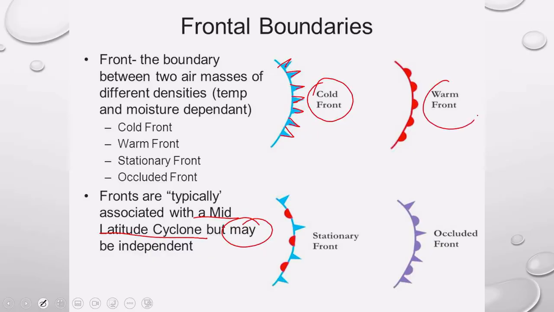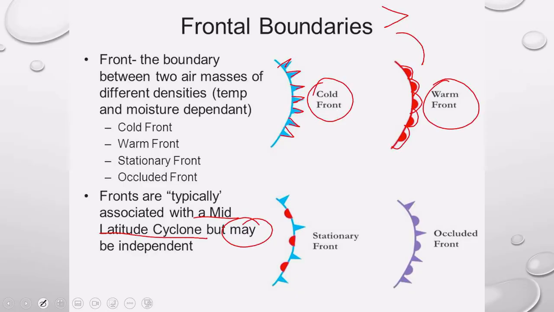Now let us look at the warm front. The warm front will have half moons. Can see those nice symbols there. There's a difference between this, which is a triangle, and that, which is a half moon. So that is a warm front with a half moon, and a cold front has got triangles.